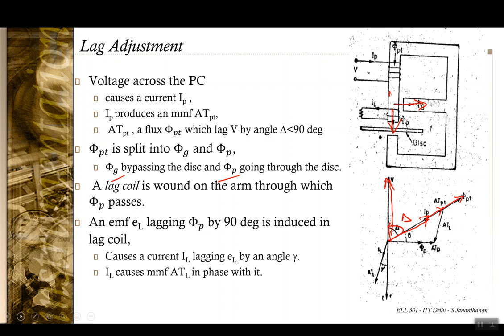Now there is a lag coil wound across this arm through which phi p is going.